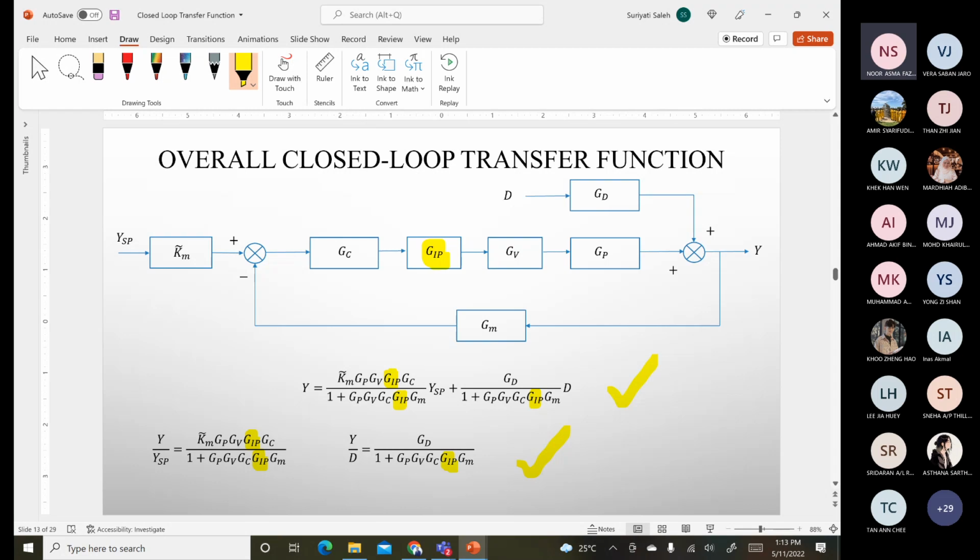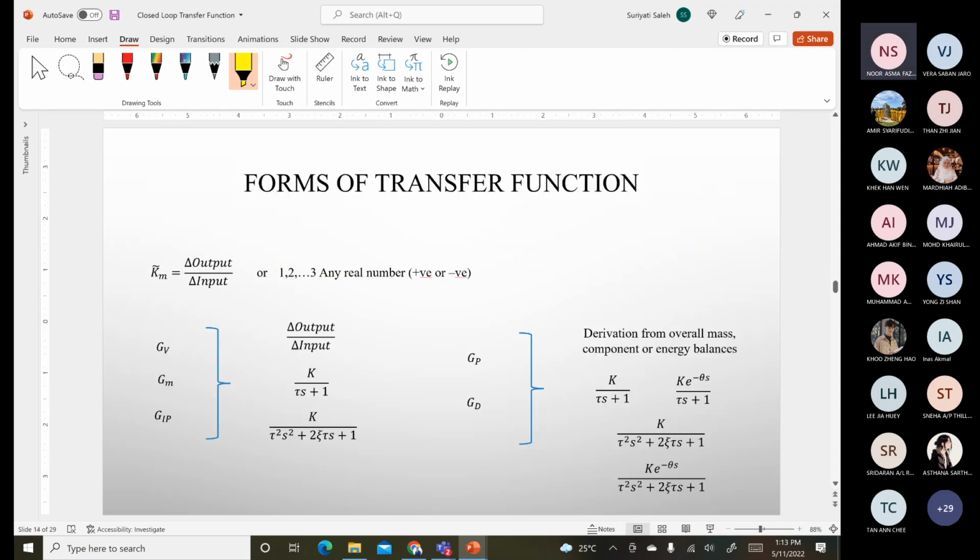Okay, if there is no question, then we take a look. Form of transfer function. Again, some of this information can be found in your textbook.